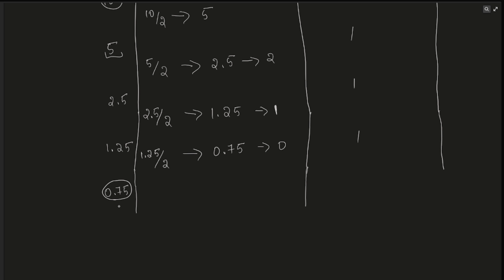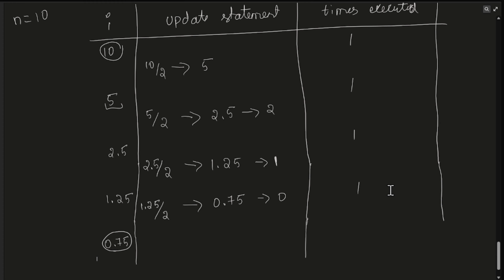But what if we don't know the value of n? Until when does our for loop execute? That is what we need to find to get our time complexity, right? To know that, let us see how our update statement is getting updated. We'll see if we can get a pattern out of this. I is getting decremented to 5, 2.5, 1.25, 0.75.